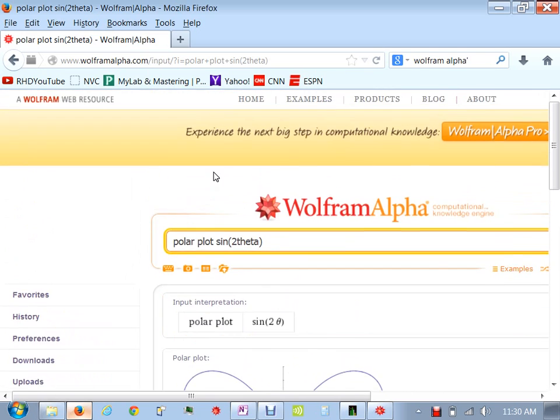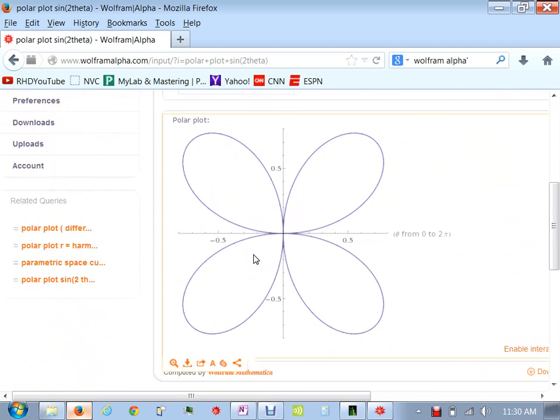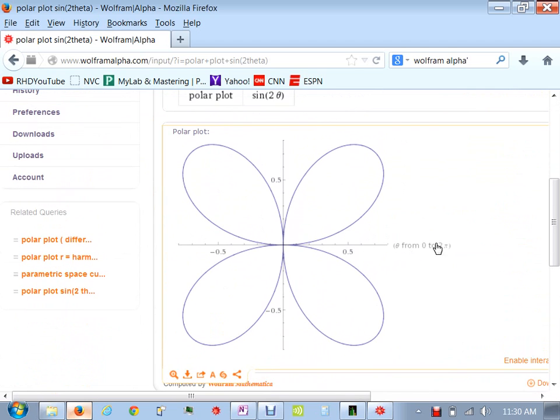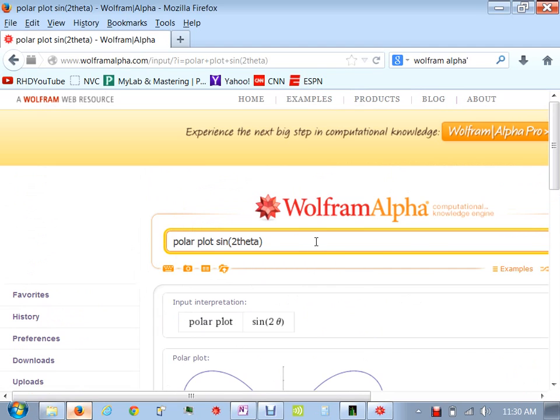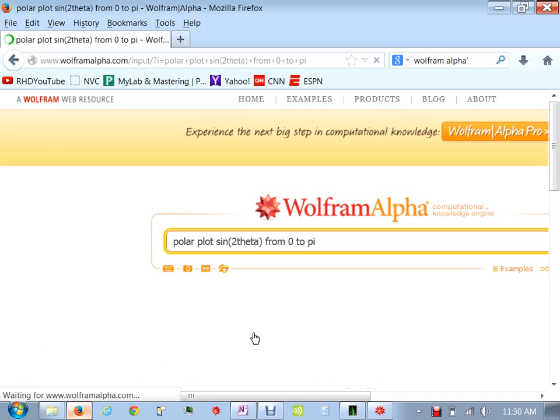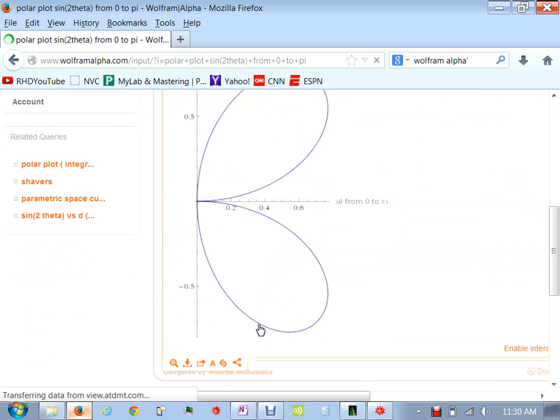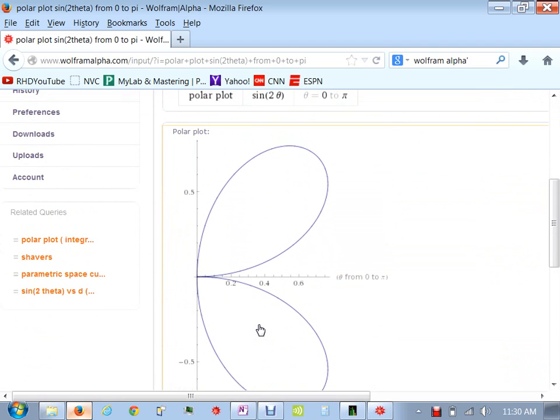And then let's see if they gave me the domain. See, this is from 0 to 2 pi. If I go, I think I can tell it from 0 to pi instead. That's what it does.